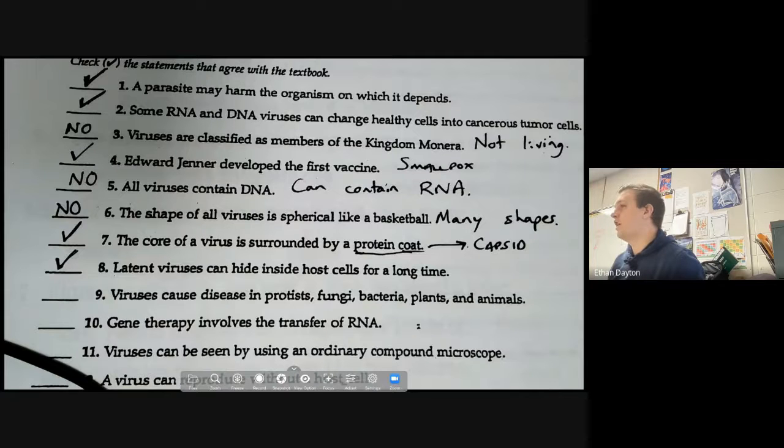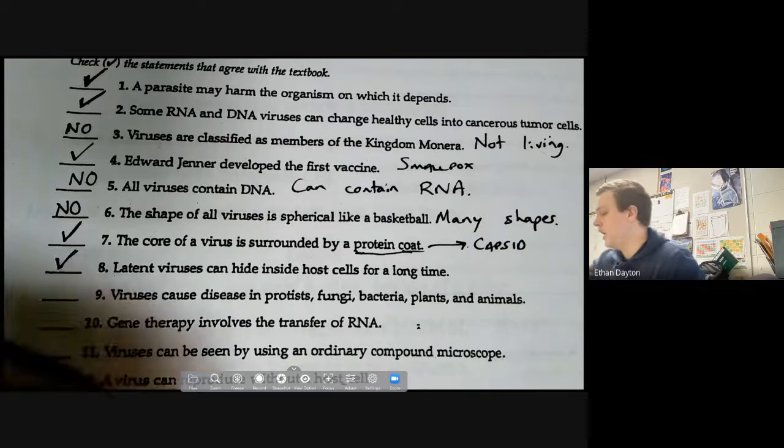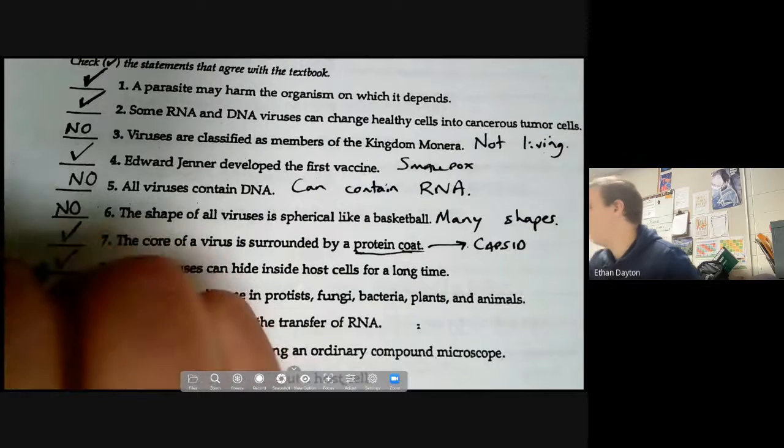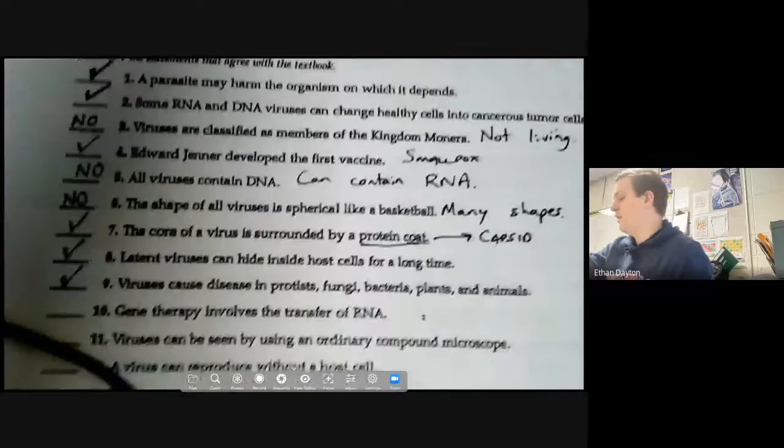We know they can infect bacteria because we talked about bacteriophages. They can affect animals. So plants, bacteria, animals, fungi. Yes, they can infect fungi. And protists, yes. So there are viruses that affect many different things.